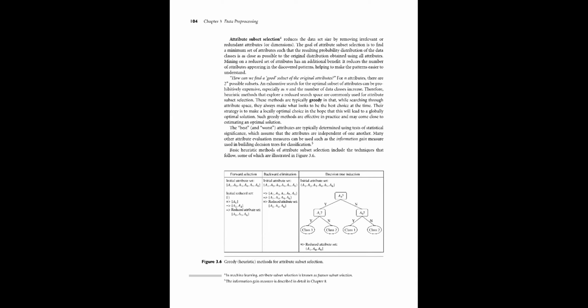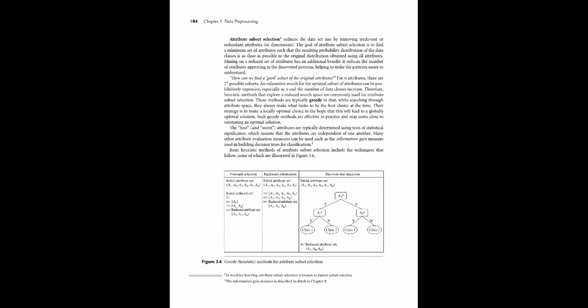Here we have the basic heuristic methods. These are the four steps you have to follow in the greedy methods of attribute subset selection: stepwise forward selection, stepwise backward elimination, a combination of forward selection and backward elimination, and decision tree induction. First is stepwise forward selection.